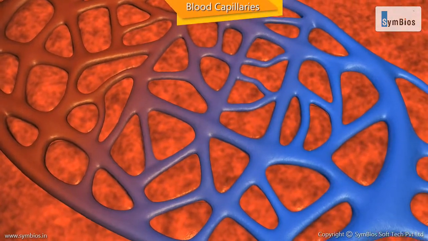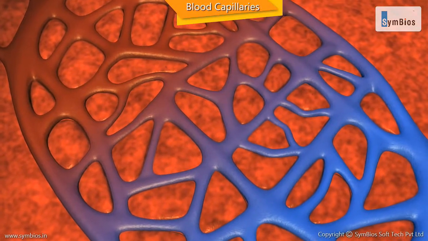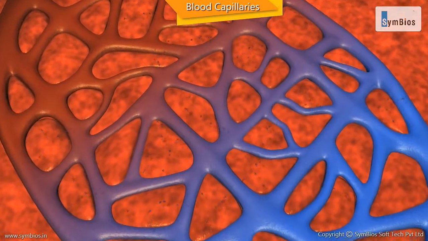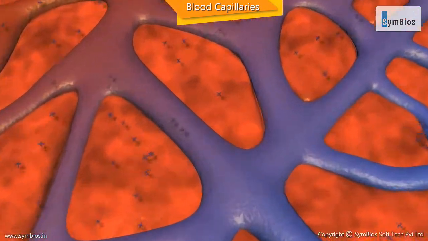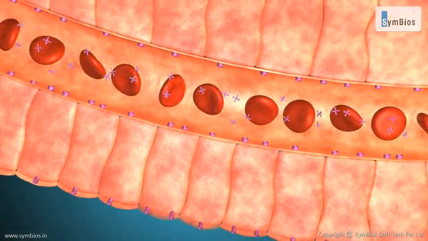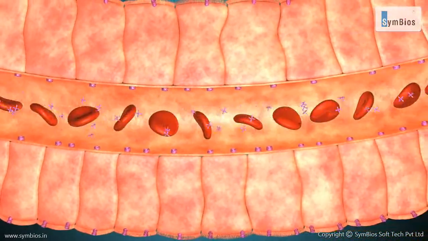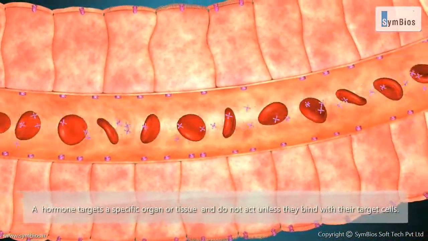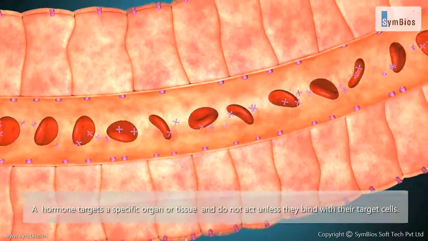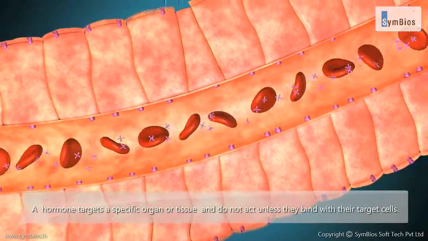An endocrine gland possesses a network of blood capillaries. A hormone can easily penetrate through the cell membranes of the blood capillaries and enter the bloodstream. Hormones are transported through these capillaries to other parts of the body. Sometimes a hormone targets a specific organ or tissue and does not act unless it binds with its target cell.